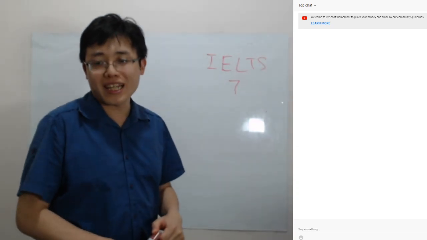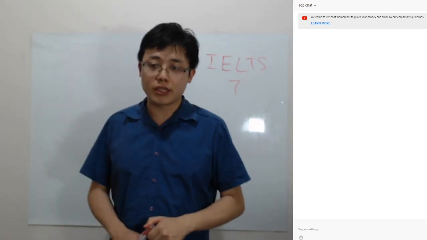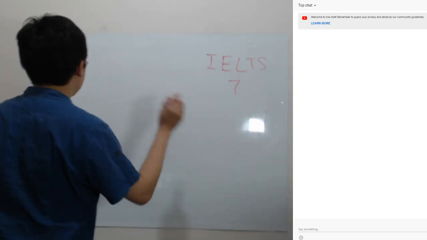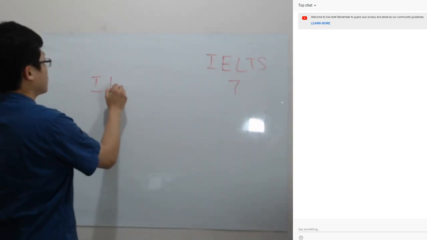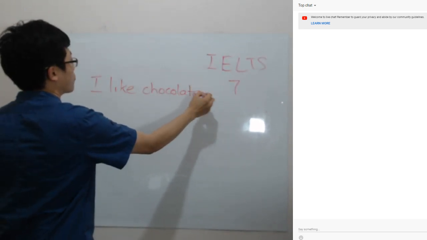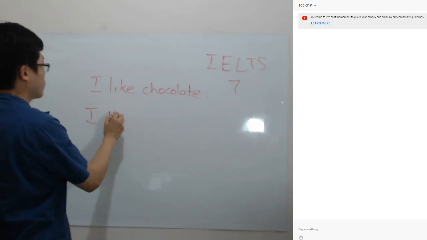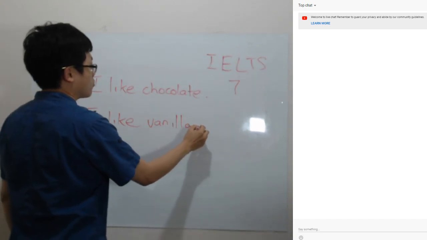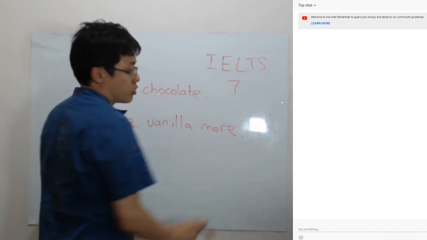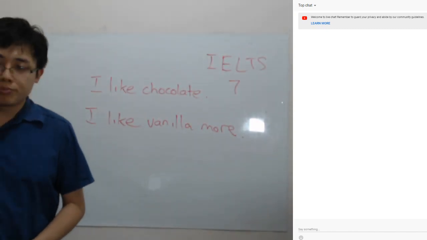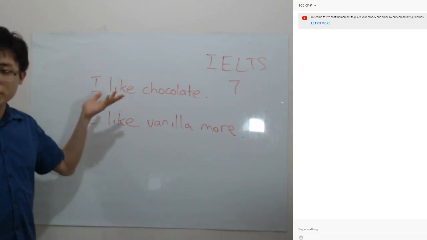So first, I need to tell you what a complex sentence is. So I'm going to write down a couple things up on the board. You can see that I've written 2 sentences up on the board. First is I like chocolate.